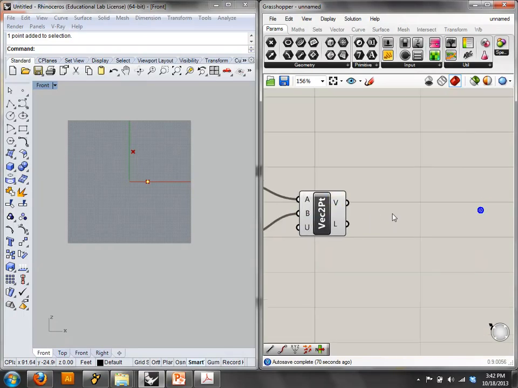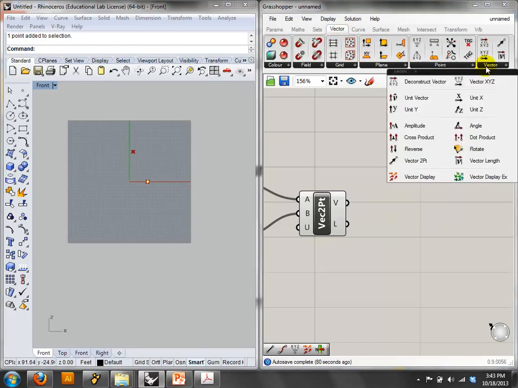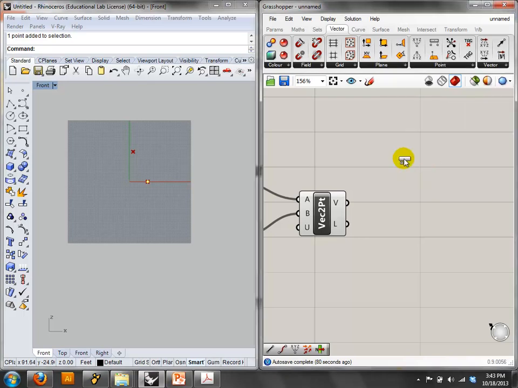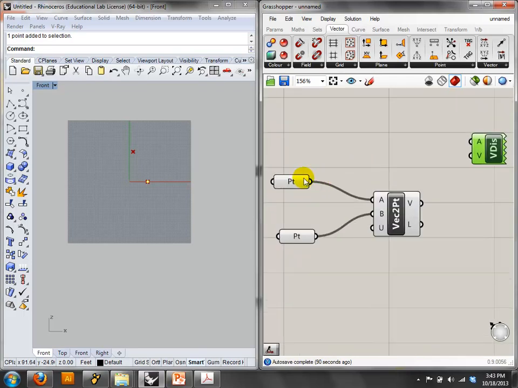Now, you don't actually see the vectors, and that's why we have a whole vector tab, but you can do a vector display, and I may have shown this to you before on the video. You can say the anchor point is whatever point you want to use to start drawing. I'm going to use this bottom point.